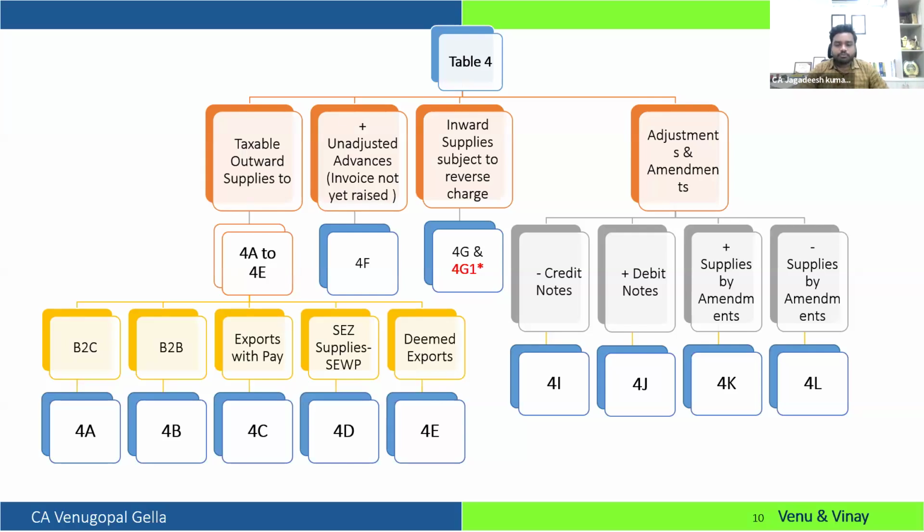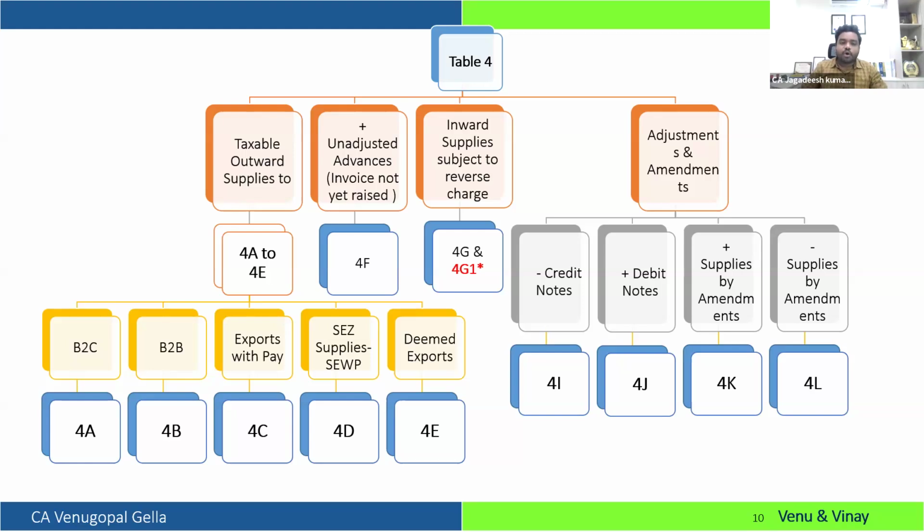So if you see table 4, in table 4, we need to provide the information. We need to bifurcate the taxable turnover based on the type of the tax. In table 4A, you need to declare the B2C supplies, whereas in table 4B, B2B supplies, table 4C, exports with payment of tax, SEZ supplies with payment of tax, and deemed exports.